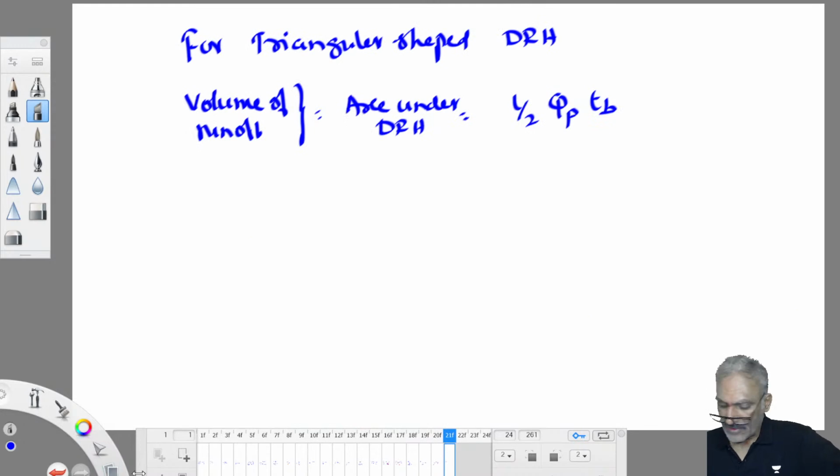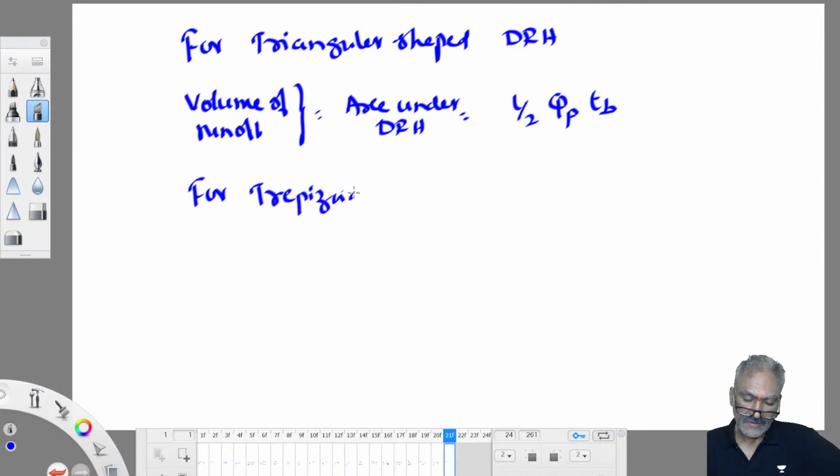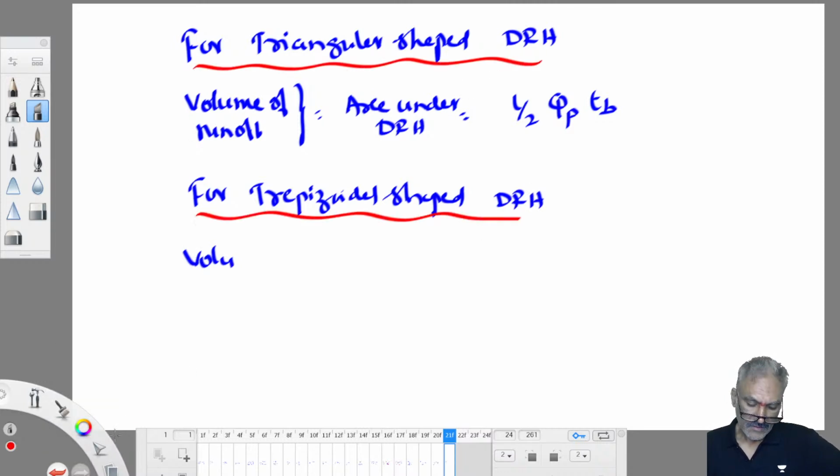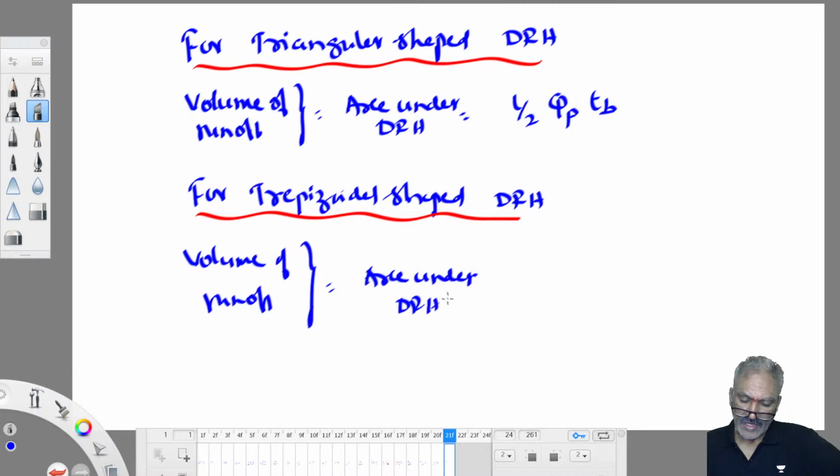Trapezoidal shaped direct runoff hydrograph. For a trapezoidal shaped direct runoff hydrograph, volume of runoff is equal to, runoff means by default it is direct runoff only, area under the direct runoff hydrograph, which is (a plus b) by 2.